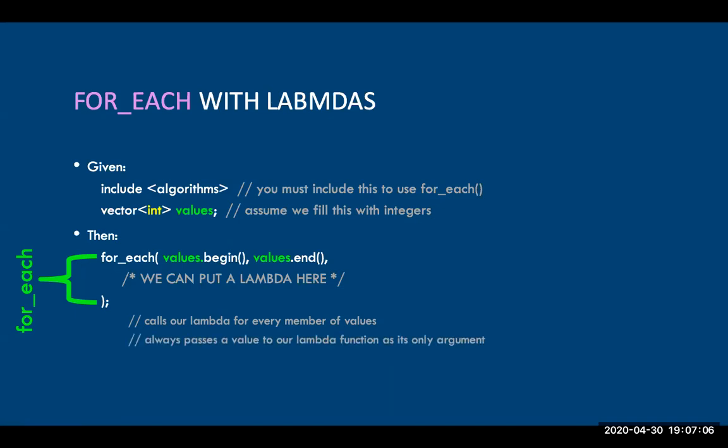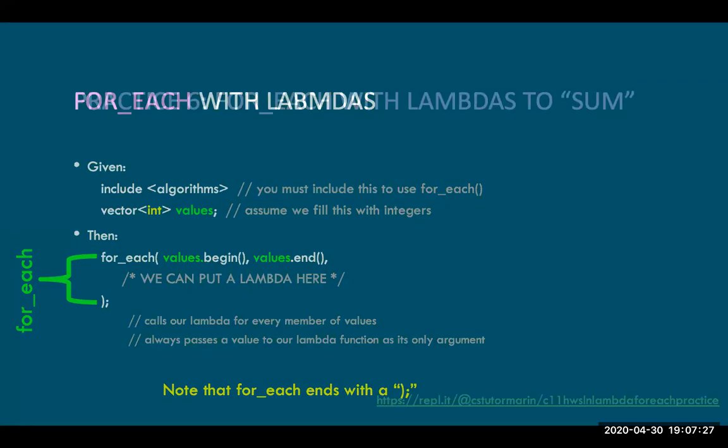We know our lambda is going to get called with one and only one argument, but because of all the features that the capture offers us, we can pull in all sorts of contextual information. And just a reminder, we're ending with a parenthesis, not a brace. It's not the end of a brace for a function. It's just a for each function call, okay?